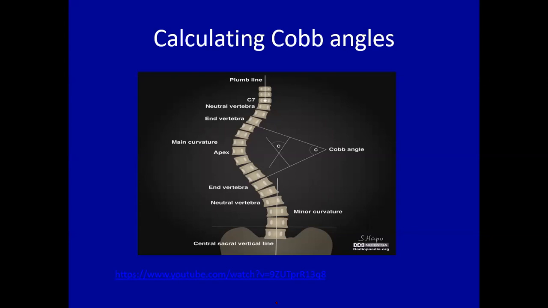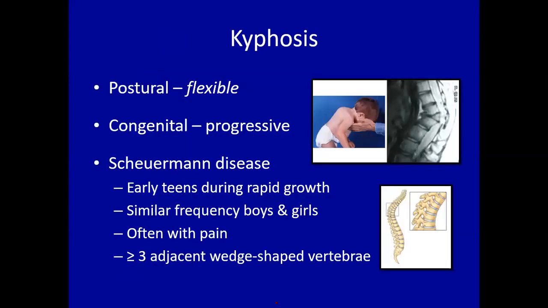So figure that out. Kyphosis can be from postural, which is a flexible kyphosis, and then a congenital kyphosis could be progressive. There's something called Scheuermann disease, which is seen in early teens, usually with rapid growth, similarly in boys and girls, and there's often pain.